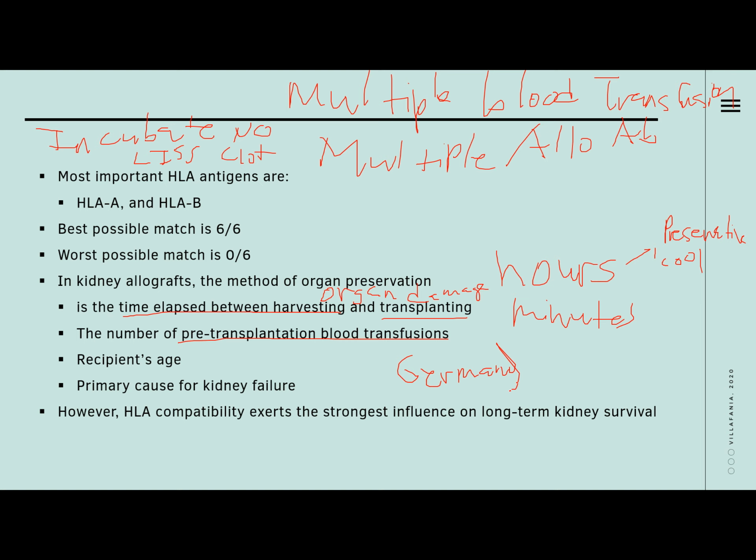Na-report sa akin ng junior ko, sabi niya sa akin, Pete, yung isang patient namin kanina pa nag-incompatible daw sa LISS phase. Pagdating daw sa LISS phase, lagi daw nagkakaroon ng blood clot. So, nag-worry na. Sinek namin yung history ng patient. Yun nga, the patient received multiple blood transfusions already. And it was found out later on that allo antibodies were already produced.